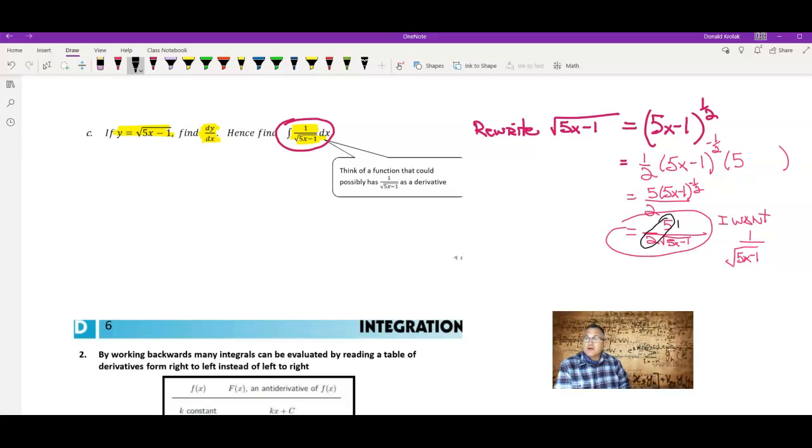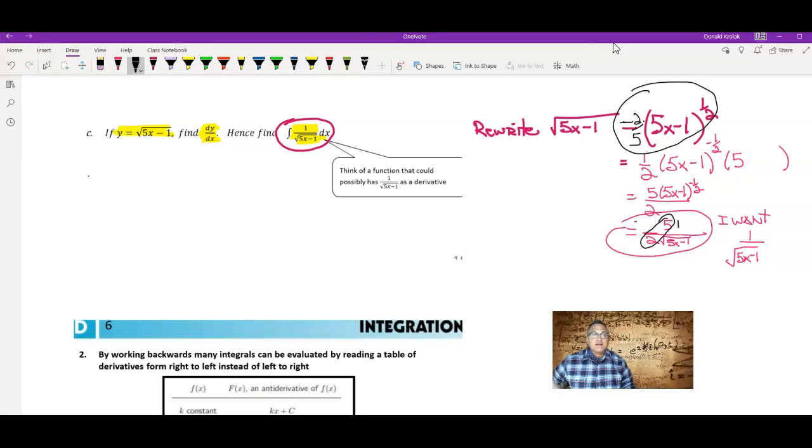Well, if I took the original and I put a 2/5 in front of it, that would take care of that 5/2. So that gives me my antiderivative.